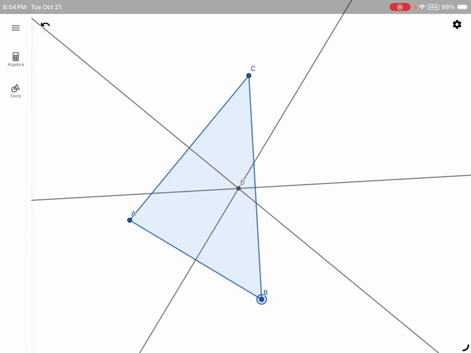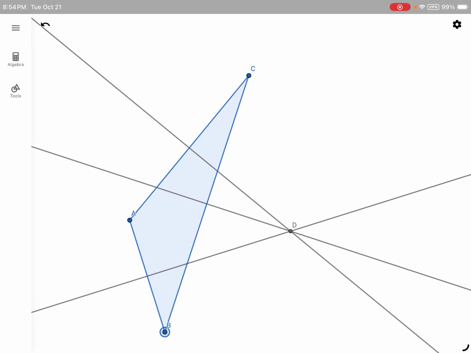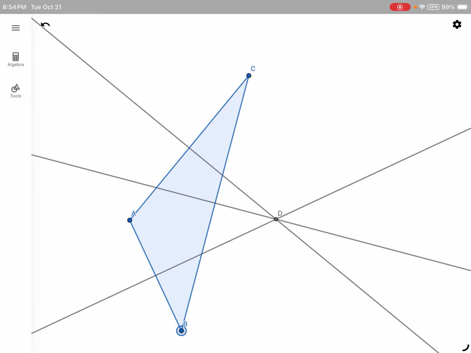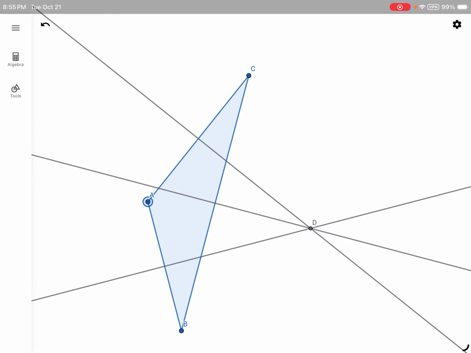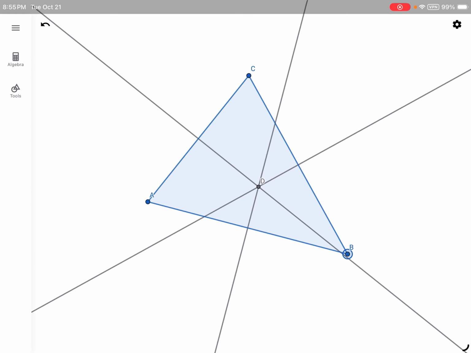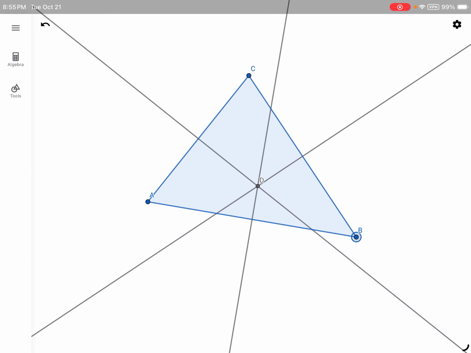Now, if I create A as an obtuse angle, it forces D outside of the triangle. Notice that. It's going to push the circumcenter outside of the triangle, opposite that obtuse angle. Okay? If I make them all acute angles, it keeps it inside the triangle.